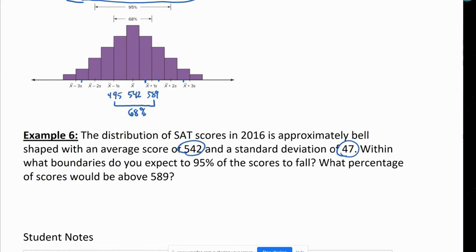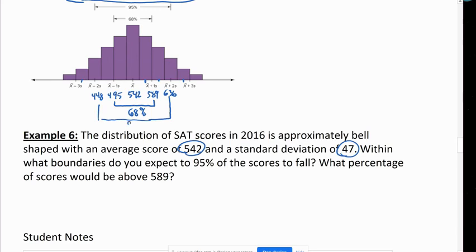If you did two standard deviations, all we have to do is add another 47, so 589 plus 47. That takes me out to 636, and then in the other direction, 495 minus 47 puts me at 448.